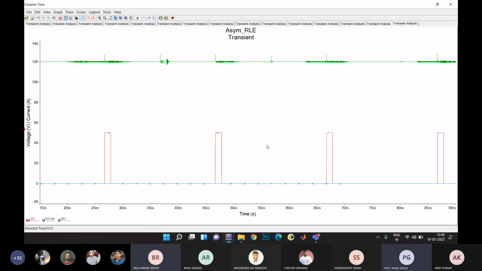Your back EMF is 120 volt. Why are you not getting the output voltage? Sir, because this back EMF is more than the input voltage. Yes, sir. So that's why it is not working.